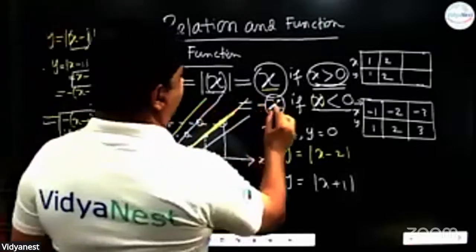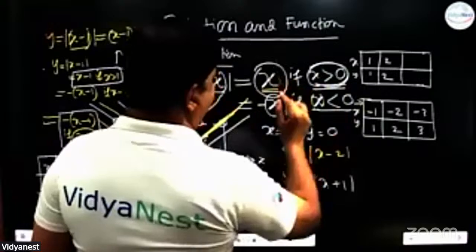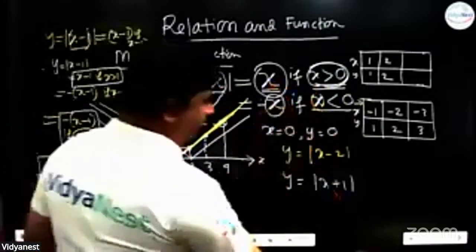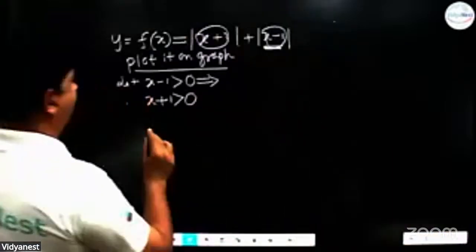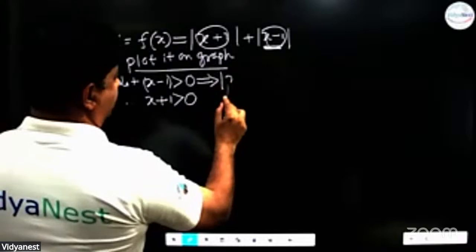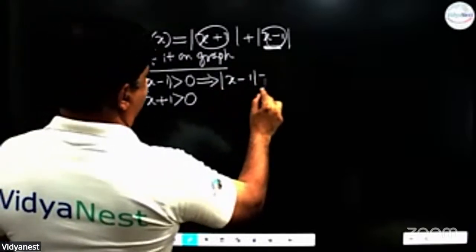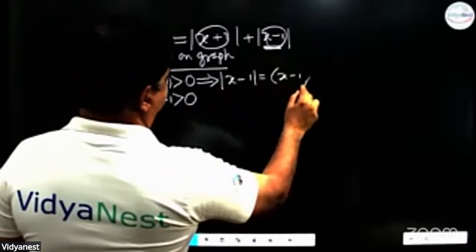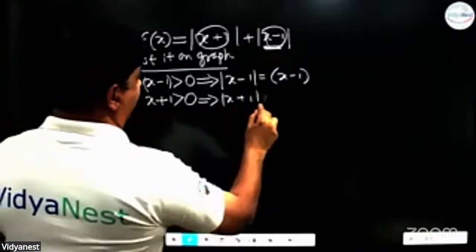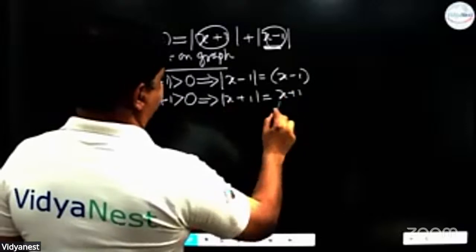Mod x will be x if x is greater than 0, okay, and mod x will be minus x if x is less than 0. So here, once I get x minus 1 is greater than 0, so mod of x minus 1 will remain with plus sign, and mod of x plus 1 will remain with plus sign.